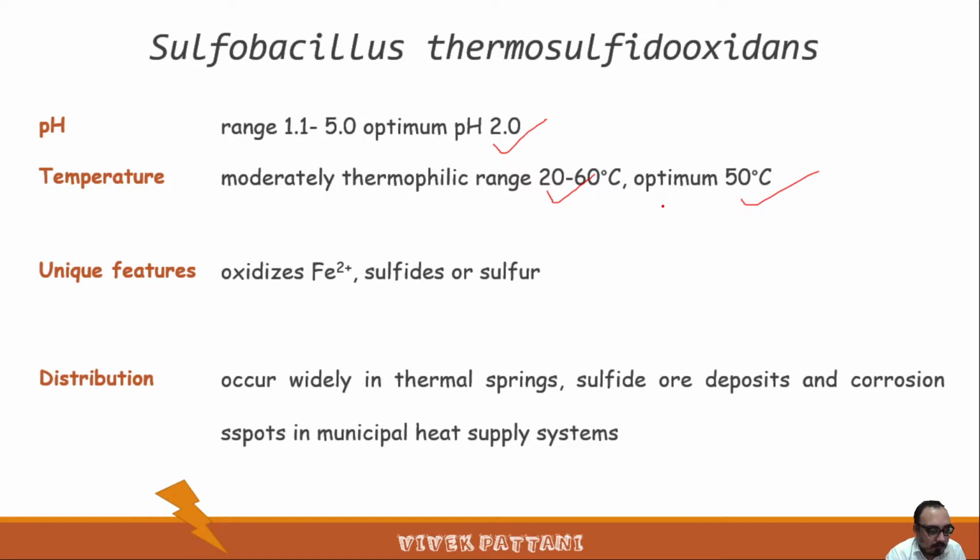So it's a thermophile but not a hyperthermophile. It has the ability to oxidize Fe2+, sulfides or even sulfur, and is found in thermal springs, sulfide ore deposits, and corrosion spots in municipal heat supply systems as well.